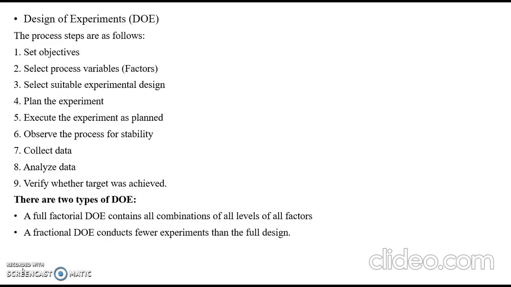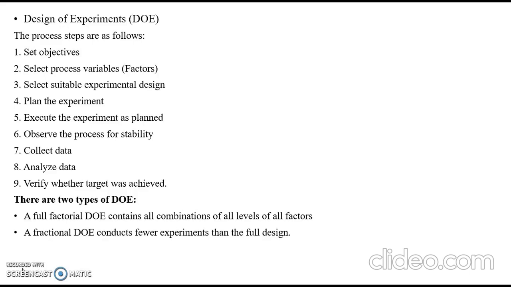All experimental designs should be both statistically efficient and economical. In this, there are two types of DOEs. The first one is full factorial DOE, that contains all combinations of all levels of factors.